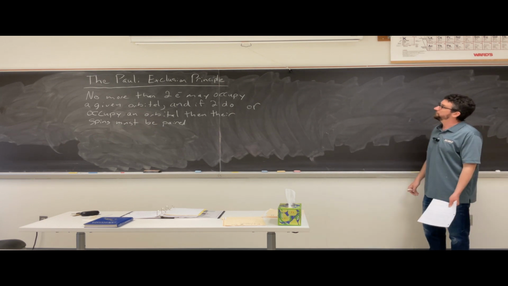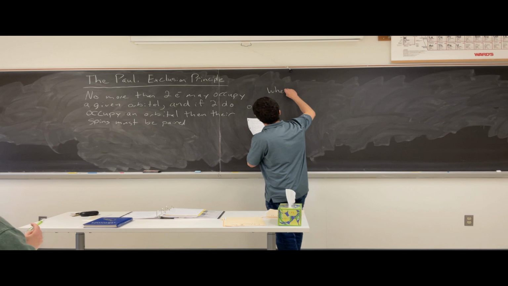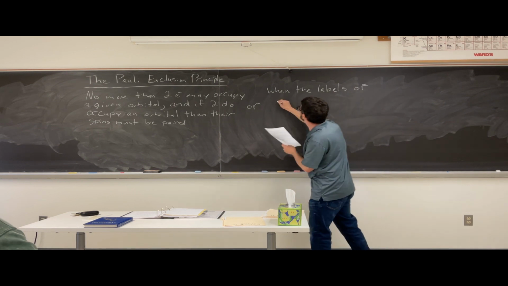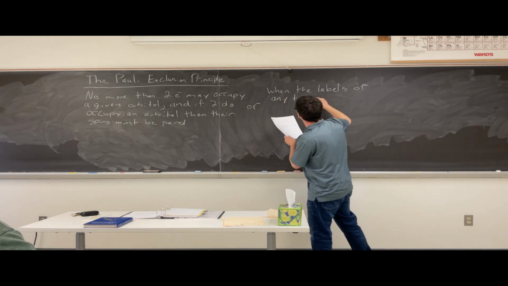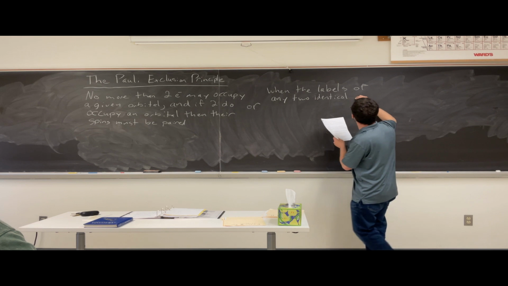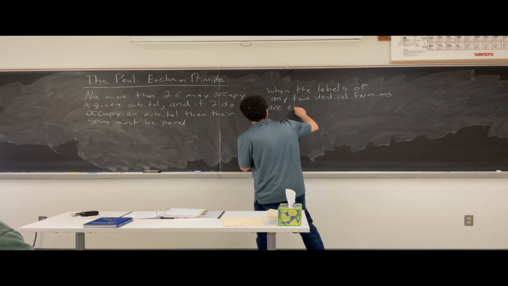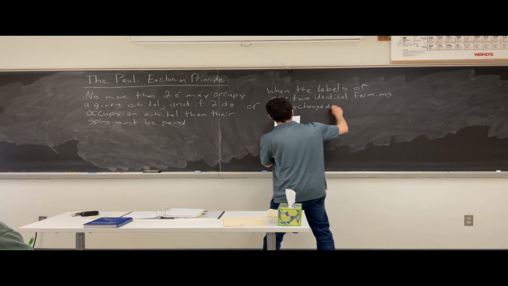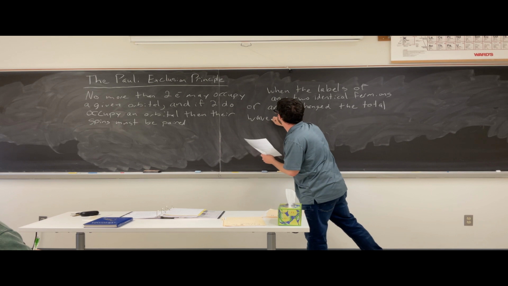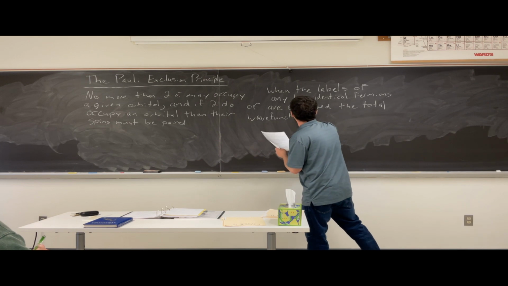So we're going to write the physicsy definition for the Pauli exclusion principle, which states: when any two identical fermions are exchanged, the total wave function sign changes.